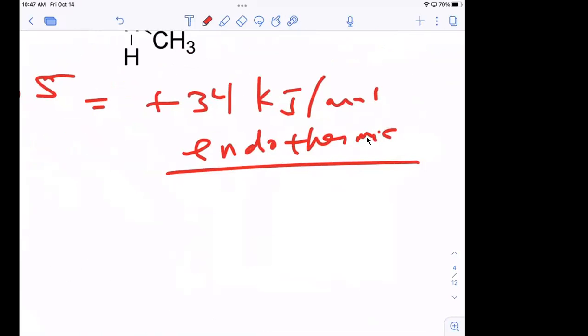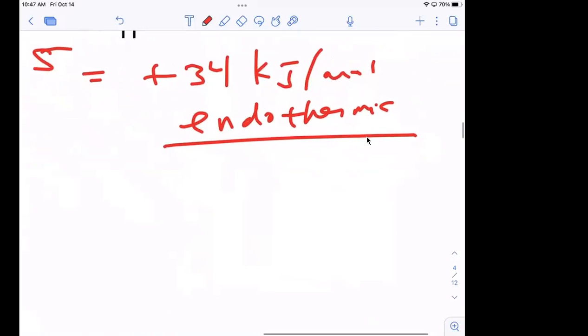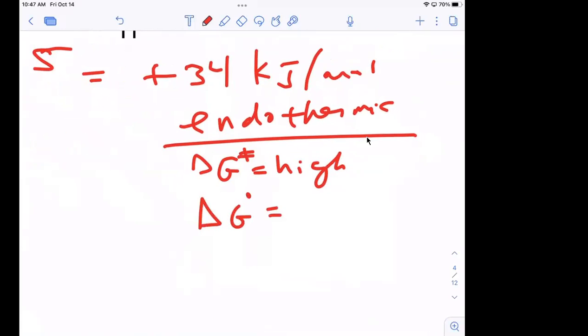So we know the activation energy is going to be high, delta G, the Gibbs free energy, is going to be positive, and K is going to be less than 1. All that we can extrapolate from knowing delta H. We can calculate delta H for any reaction if we know the bond energies.